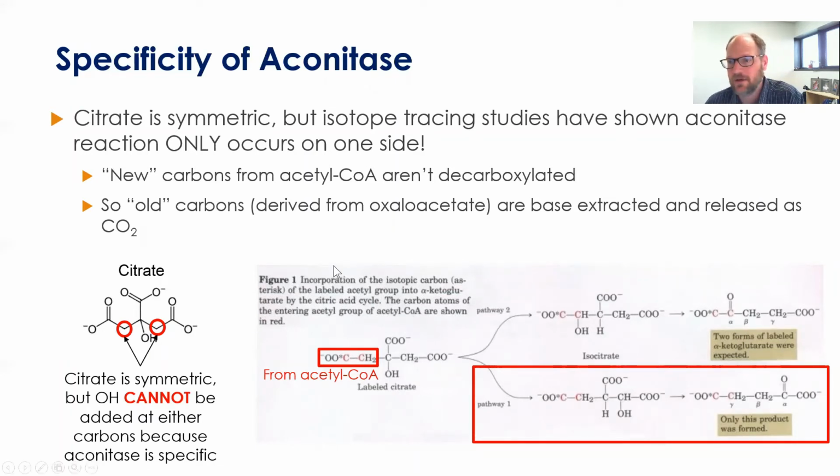So I'll actually post a paper about that in the discussion section or on D2L if you want to learn more about it. The important part for isotope tracing is that the carbon is always added to the quote unquote new end of the molecule, which we're going to describe as being the position that's farthest away from the carboxylic acid and the ketone. Okay.